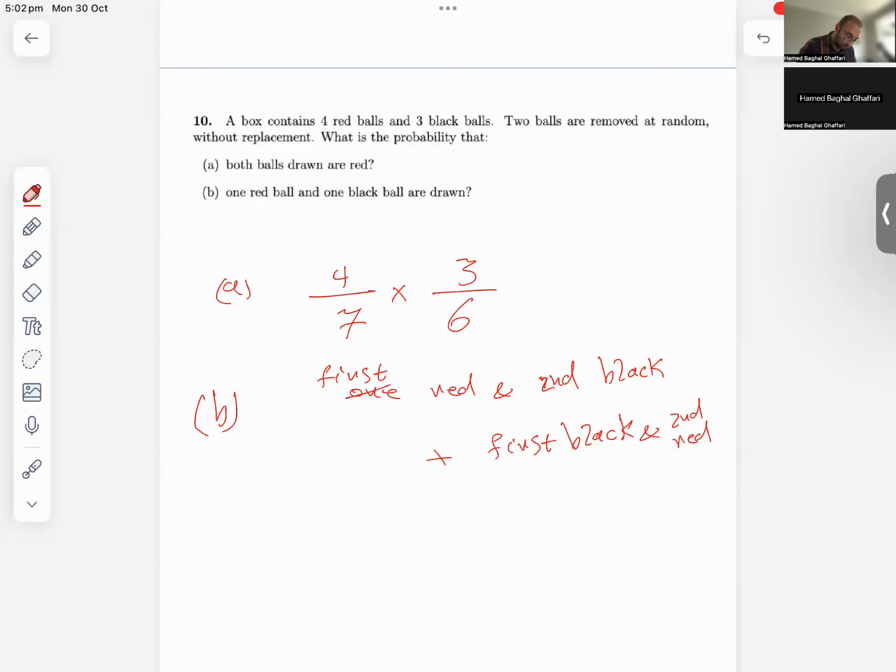From here, we see that the probability of first red is 4 over 7 times the second one black, which is 3 over 6, plus first black, 3 over 7, times second red, which will be 4 over 6. And this is the answer of part B.